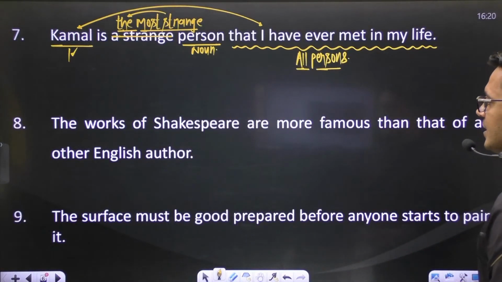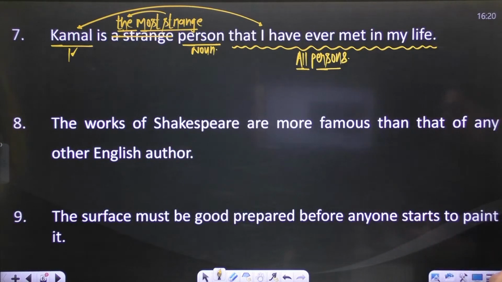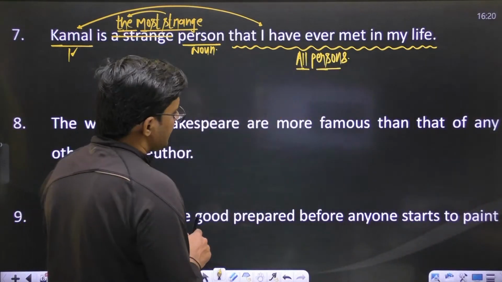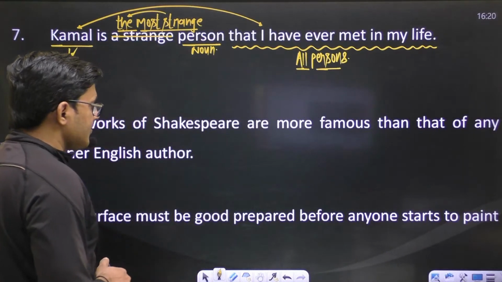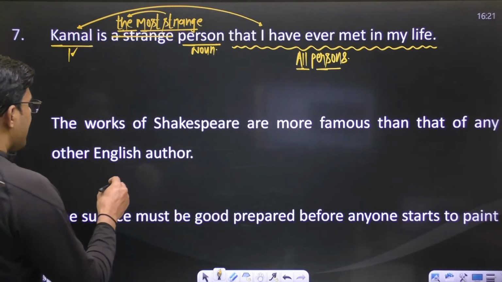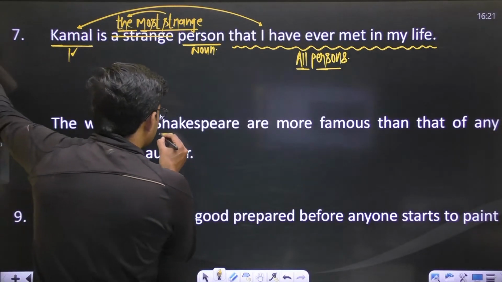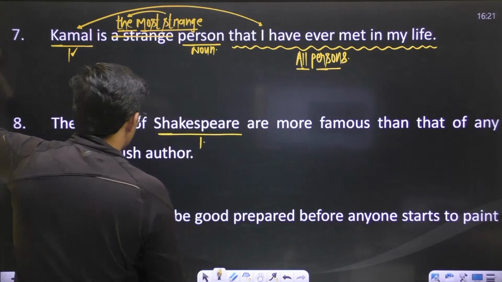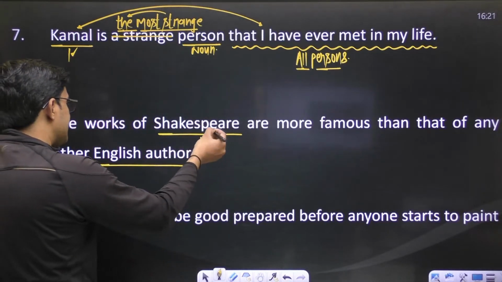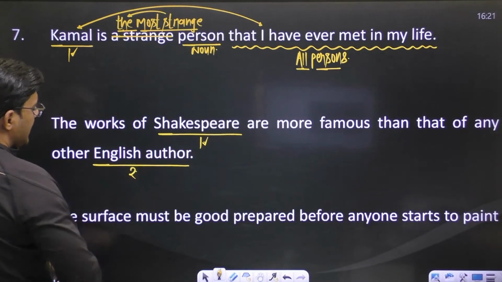The works of Shakespeare are more famous than that of other English author. Okay, here in this sentence, make sure, are more famous than. Here we are talking about one is Shakespeare and second one is an English author.